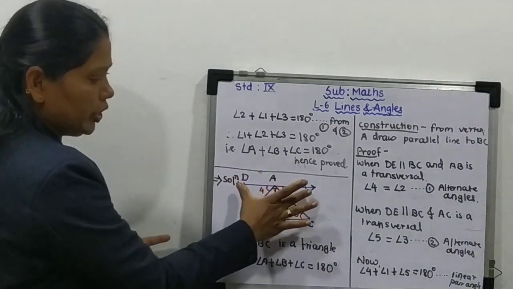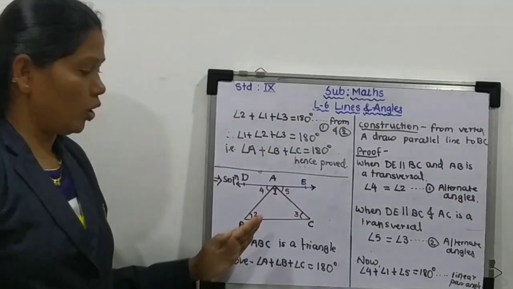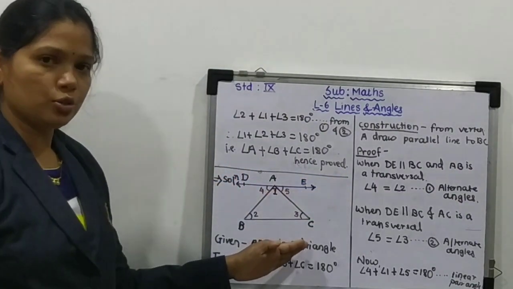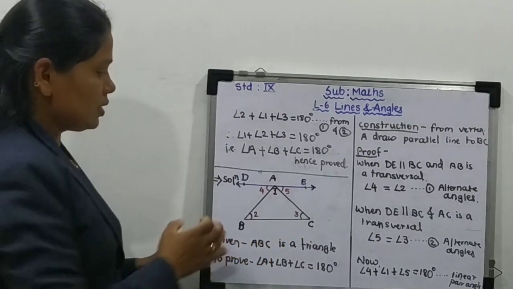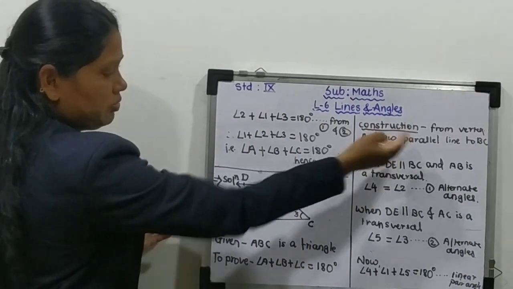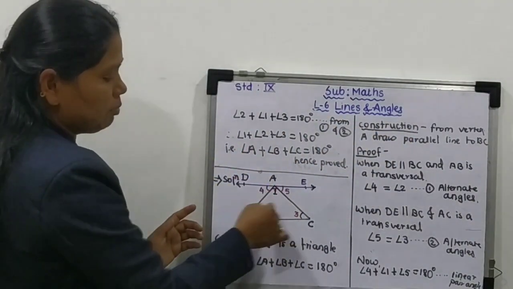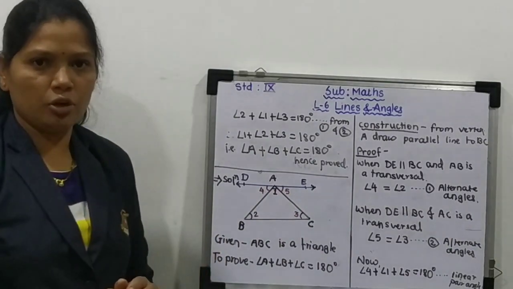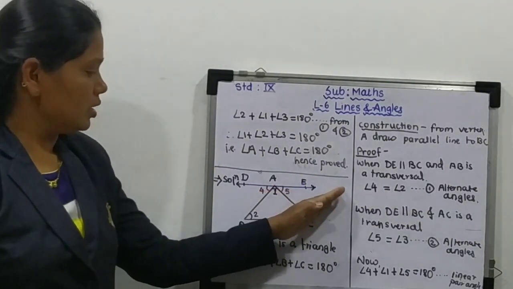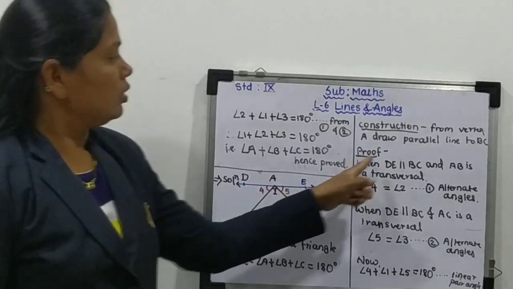You can draw this line from point B also, or from point C also. You try it at home. Simply from one point just pass it, so that your statement will change here. So if you pass through B, then it will be parallel to AC. Got it? If you are passing through C, then it will be parallel to AB. Understood? So then the proof.